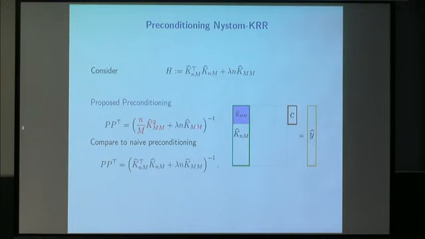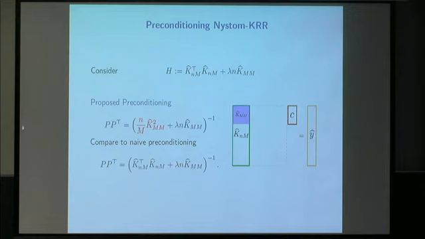Our idea is to exploit the statistical properties of the Nystrom approximation to find a good preconditioner. Why? Because let's start from this consideration. If we let the number of points be equal to the number of random features of Nystrom points, what you have here is that these two match. So it is the ideal preconditioner we would use, that is just the inverse of this matrix.